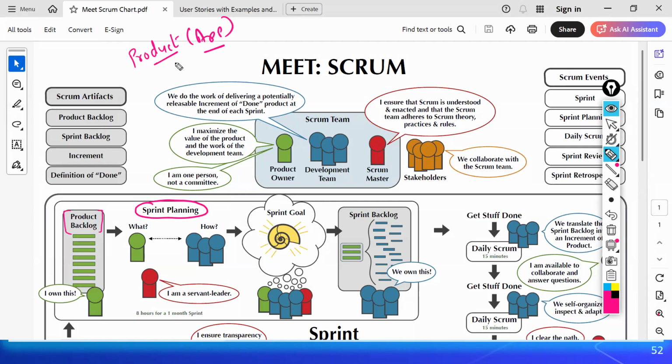Backlog means something which is pending, something which is not done yet. So that's what you have here as your backlog. In this product backlog, whatever is pending from the product perspective will all come here.